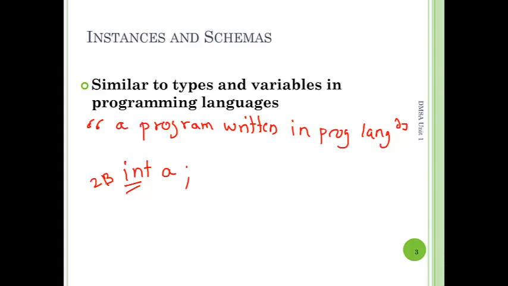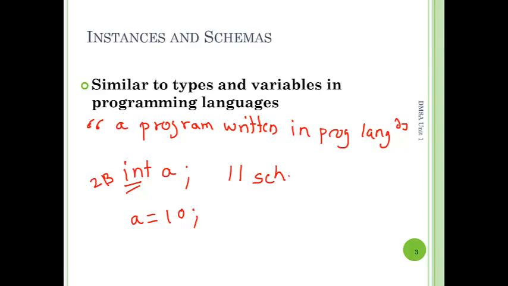In C++ and Java the storage and data types are different. Once we have declared the variable, we can store a value at a particular moment of time. This is the case with respect to schema and instances.